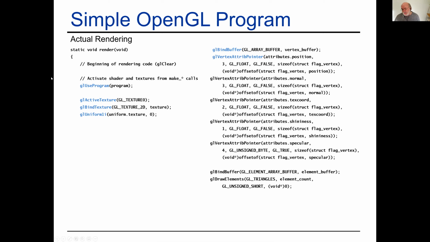Since we only have a single shader, we simply pass 0. Actually, that should be GL_TEXTURE0, but it turns out to be the same thing. It's not nice, I should probably change this. So we bound the texture to the shader, so the shader can use the texture now.